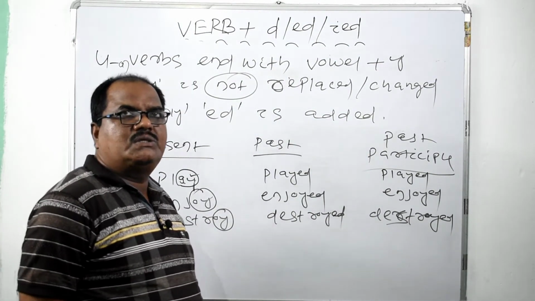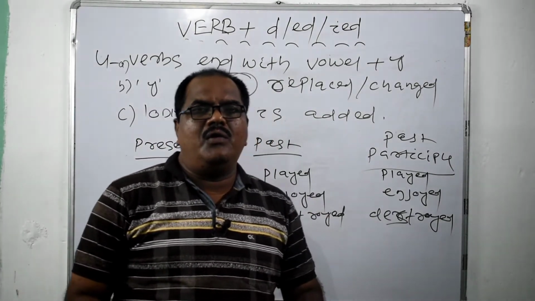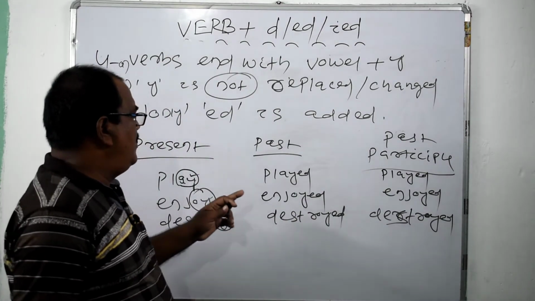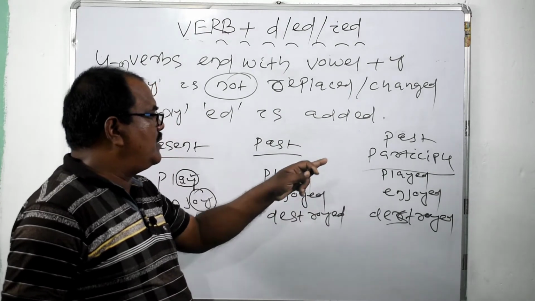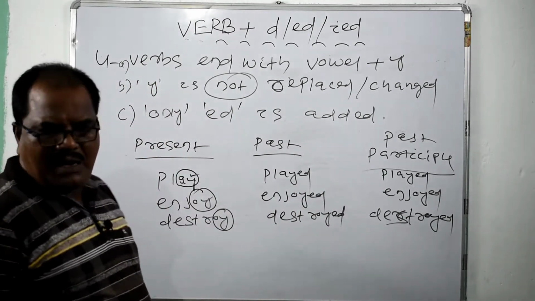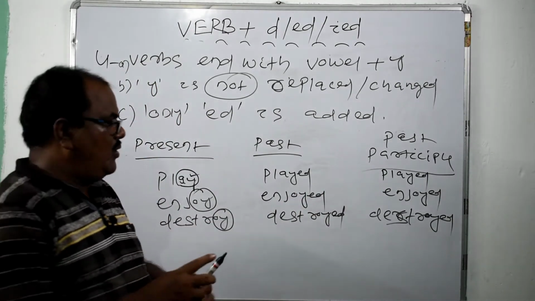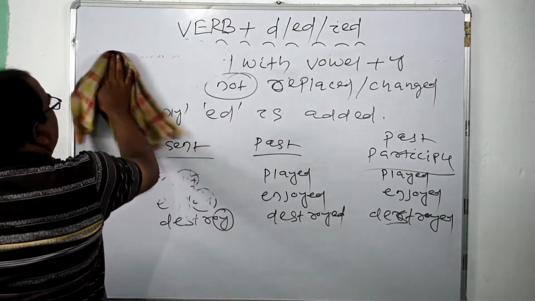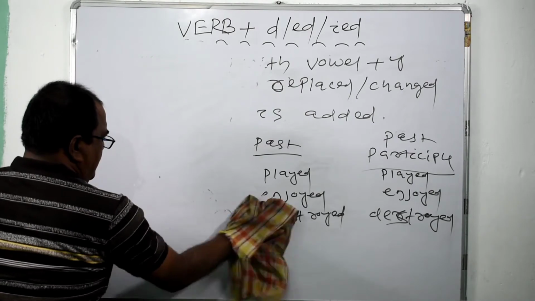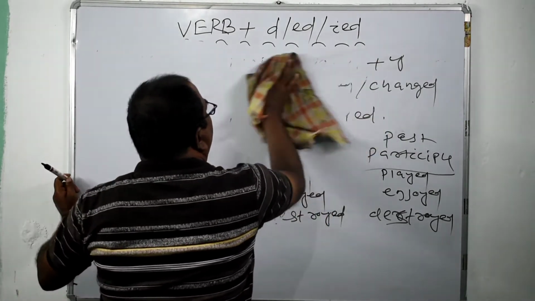So, my dear students, when you change the present to past and past participle forms of the verbs, you have to follow these formulas. Next formula, formula number 5.